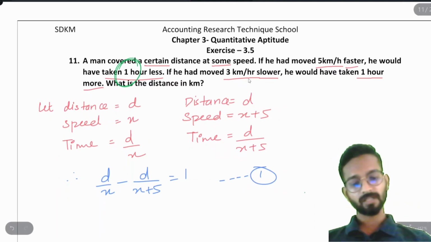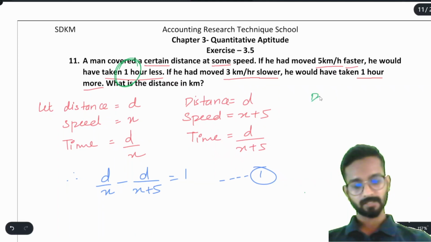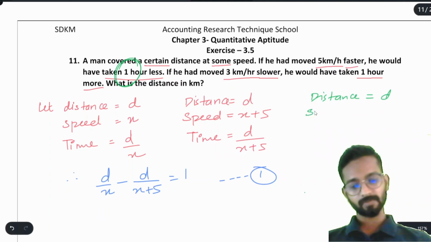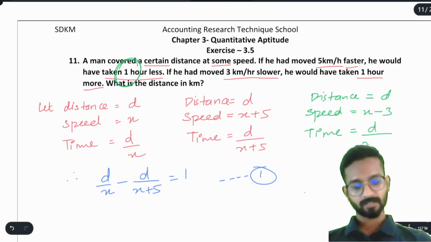If he had moved 3 km per hour slower, again the distance is d. If speed is 3 km/h slower, it means speed is x minus 3. Then the time here would be d by x minus 3.